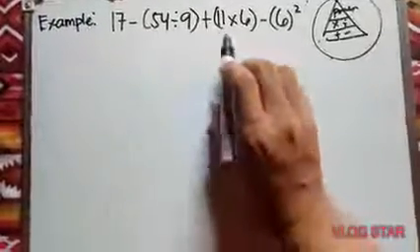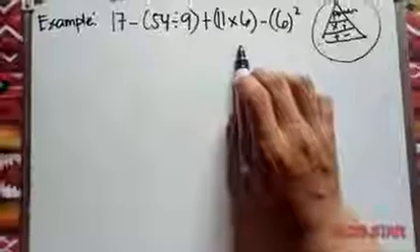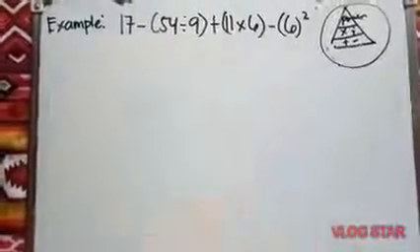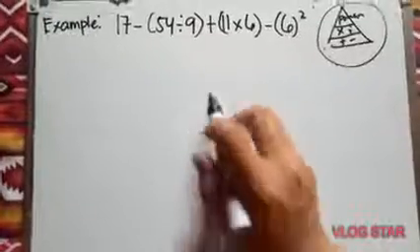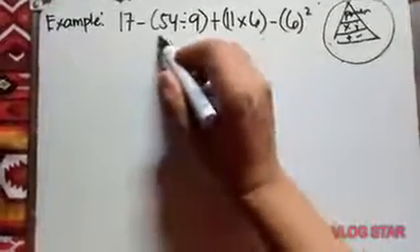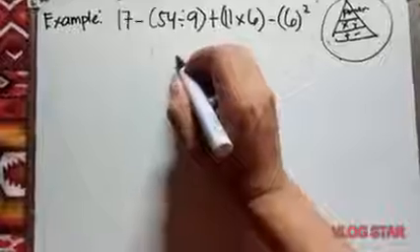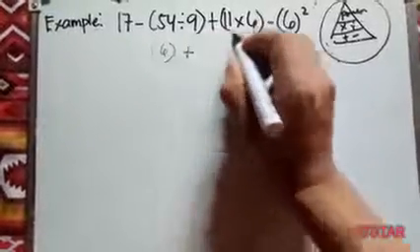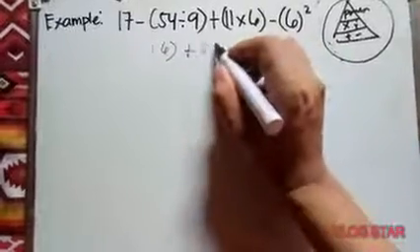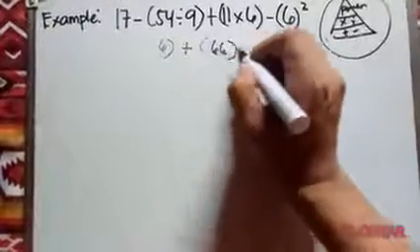Since we have two expressions inside the parentheses, we can solve them at the same time. So 54 divided by 9, the answer is 6. Then copy plus 11 times 6, the answer is 66.